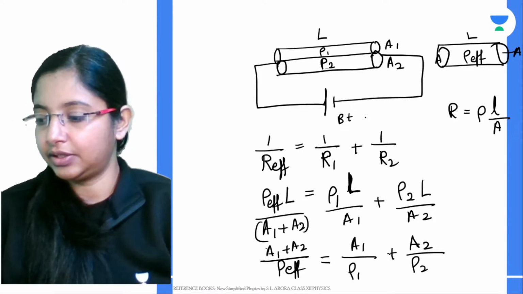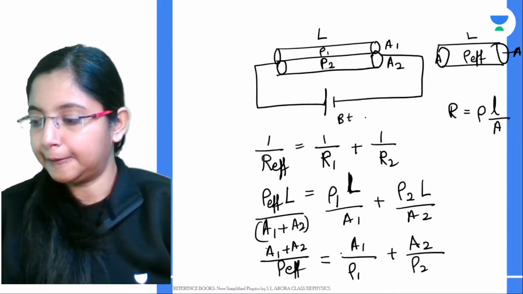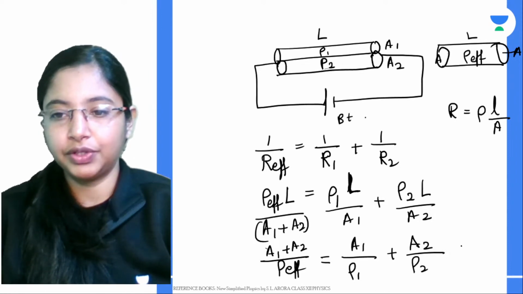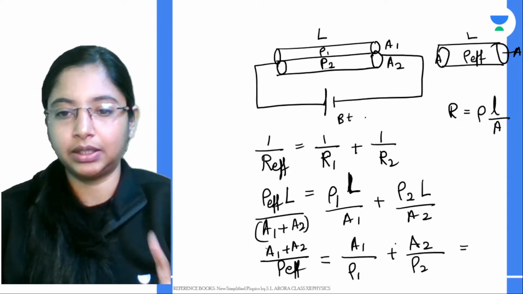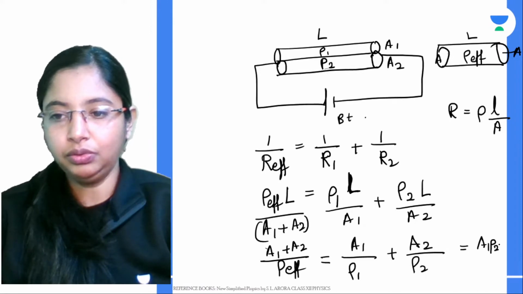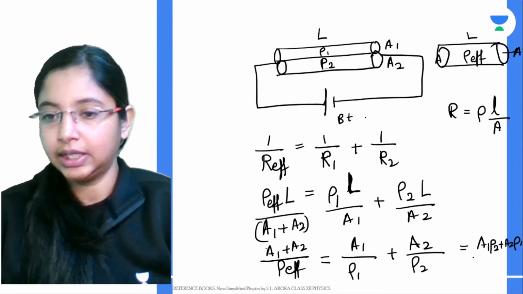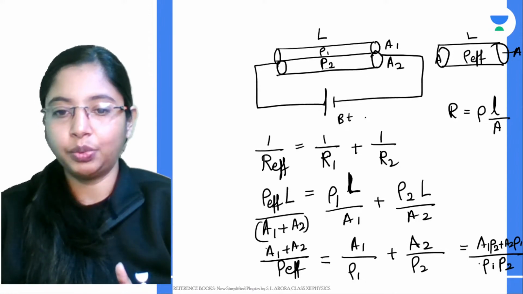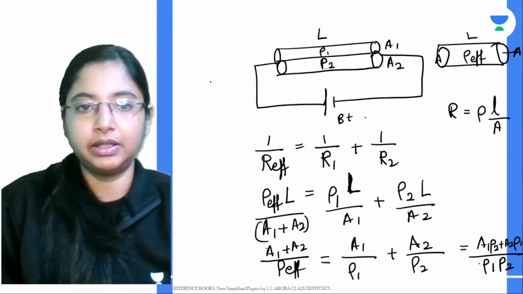So let's rearrange this equation. First of all, write this as one term: A1 rho 2 plus A2 rho 1 divided by rho 1 into rho 2. From here, if you want effective resistance, let's bring this to the other side and cross multiply.